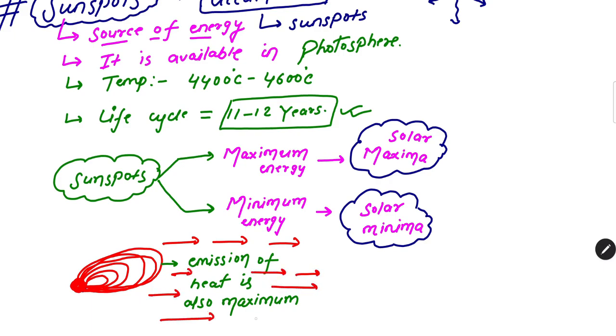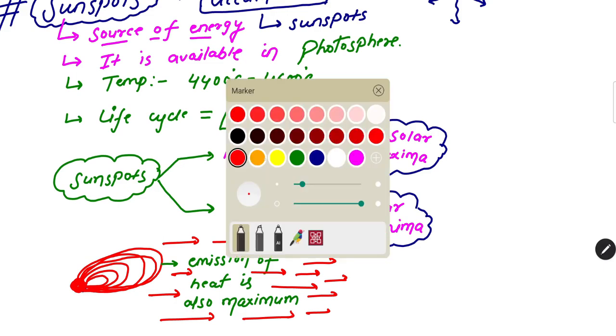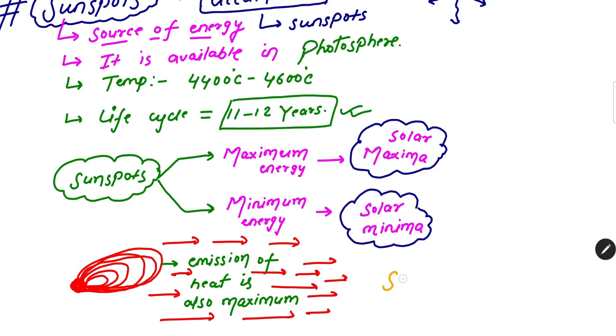And what will happen when it starts moving outward? This energy flows in the form of flares, and those flares are known as solar flares.